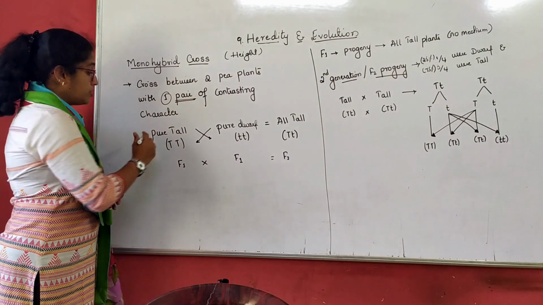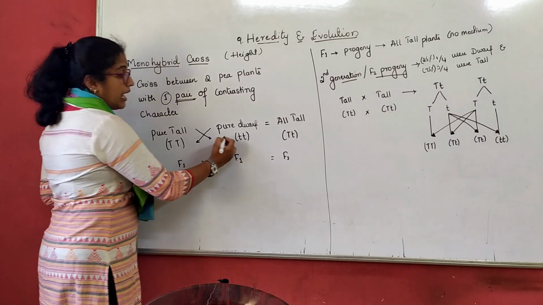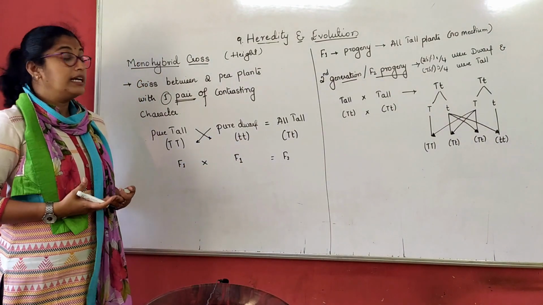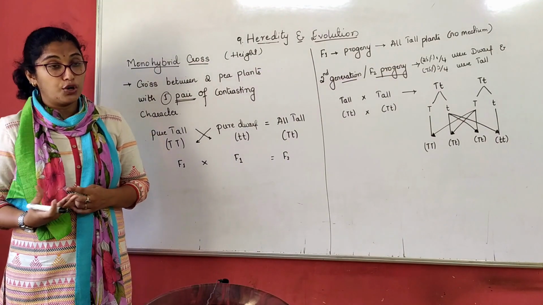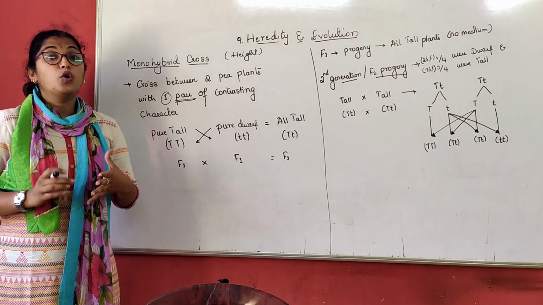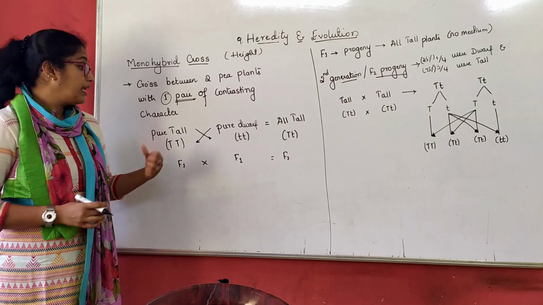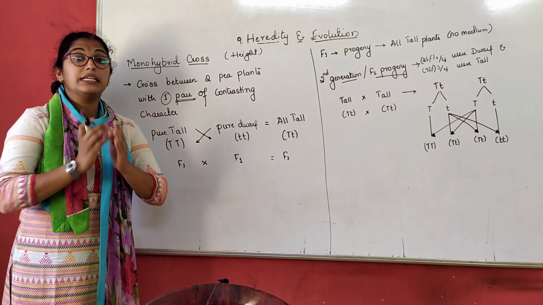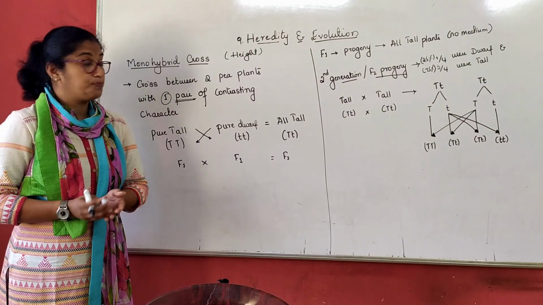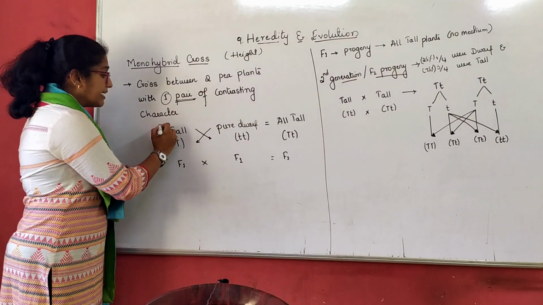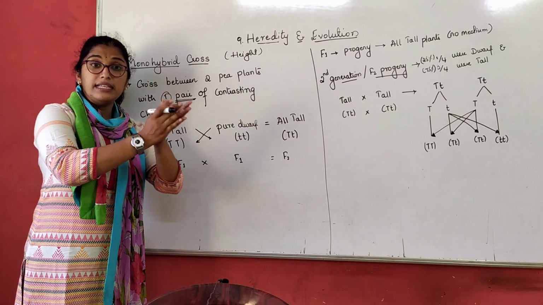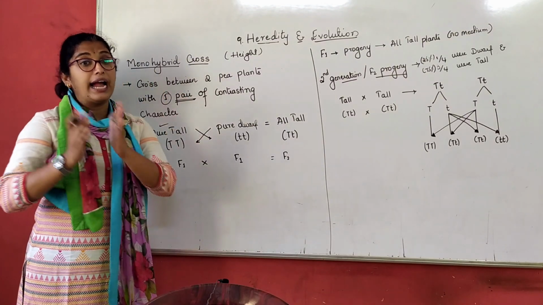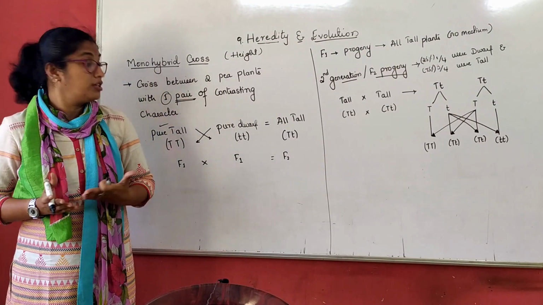So Mendel chose a pure tall plant and a pure dwarf plant. Now what do I mean by pure tall and pure dwarf? These are nothing but the homozygous condition. Homozygous condition means similar type of plants. Now where did Mendel get pure tall and pure dwarf? How did he know that these are the set of pure tall and these are the set of pure dwarf?